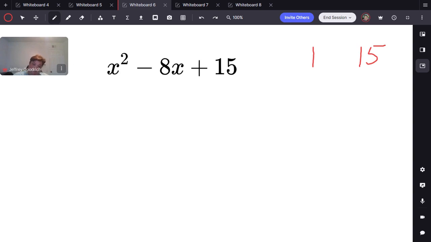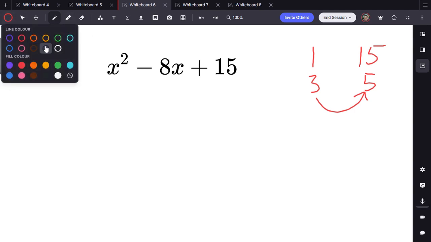We're looking for integers. 3 is a factor because 3 times 5 is 15. So we could say 3 and 5. And then 4 doesn't work. 4 doesn't go into 15. The next one is 5, but that just loops over to this. So now we're done. We're out of factors.